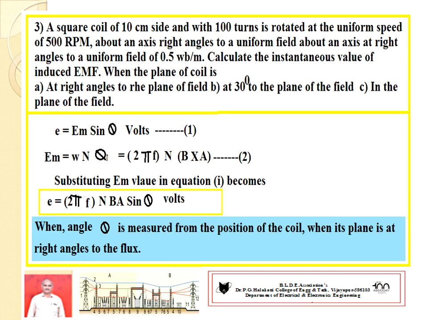Only one thing you have to understand: the angle theta is measured with respect to the x-axis. Where the conductor plane is in the x-axis, it is perpendicular to the magnetic field. This is the first position, the 0 position.